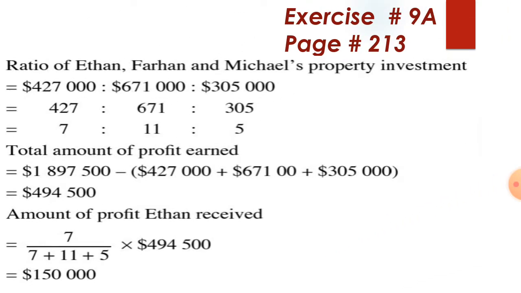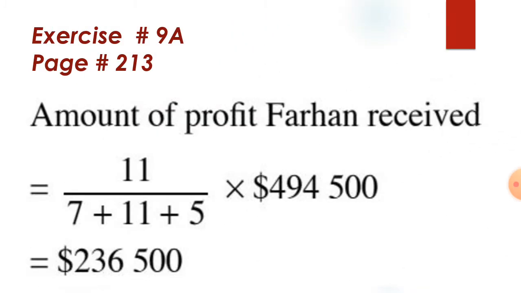So let's find out Farhan's profit. The amount of the profit Farhan received: the ratio was 11, and in the denominator we have 7 plus 11 plus 5, multiplied by the profit earned by the company. We calculate these numbers and we get $2,36,500.